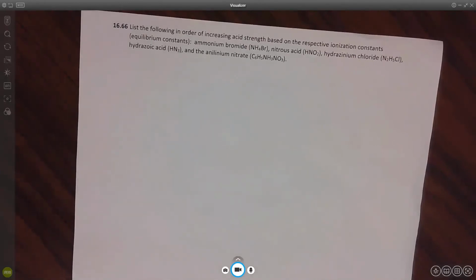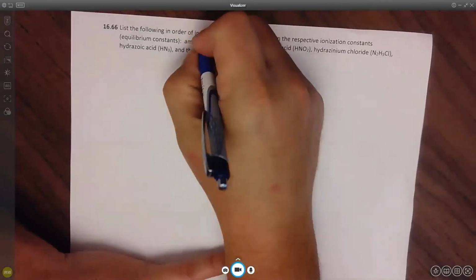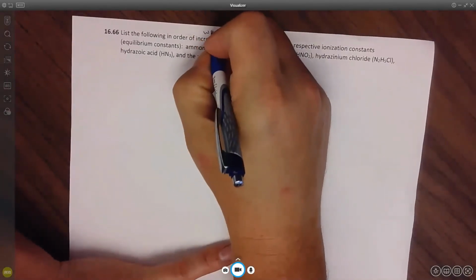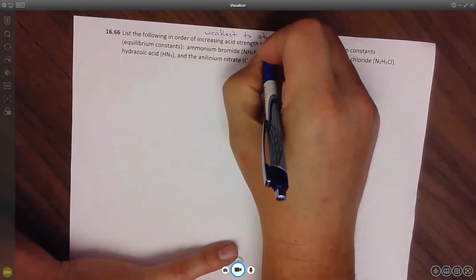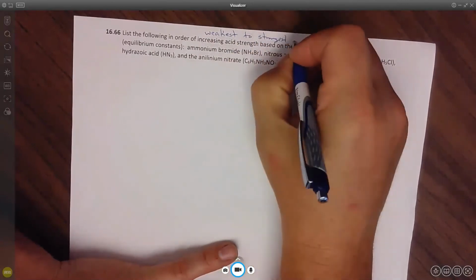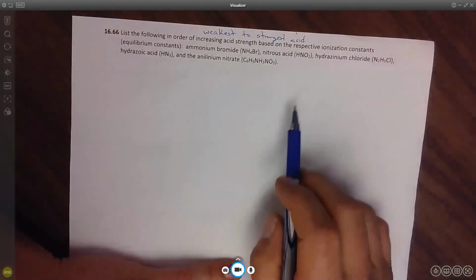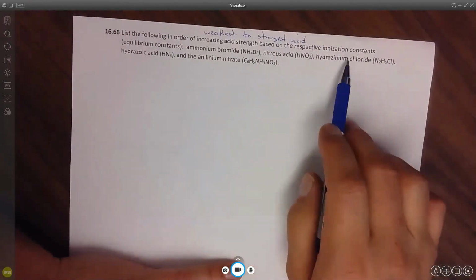This is number 66. It says, list the following in order of increasing acid strength, so weakest to strongest, right? So this will be weakest to strongest, based on the respective ionization constants.